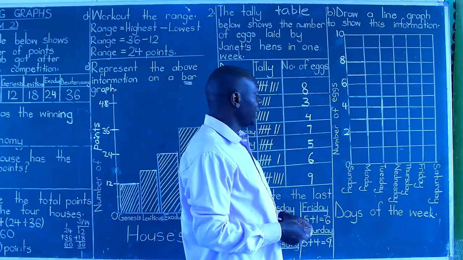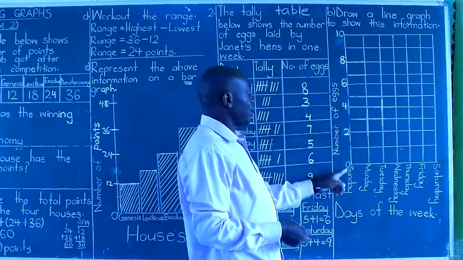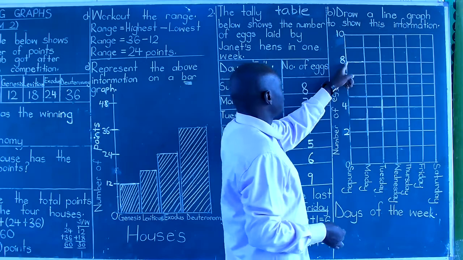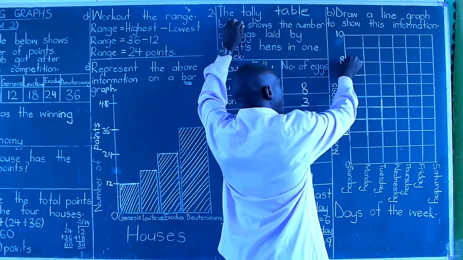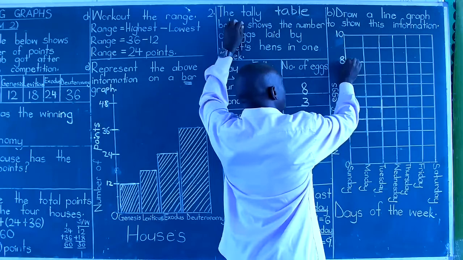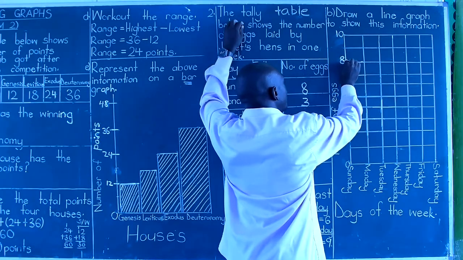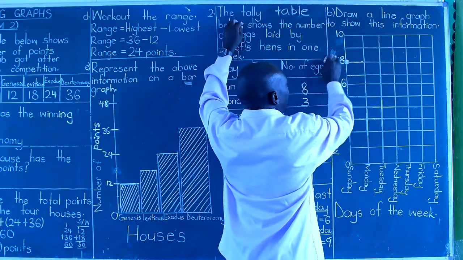You follow a line, like you see Sunday, 8 eggs were laid. You go where 8 is, here, and either use a star or a dot. Sometimes we use dots like this, or use a star here.